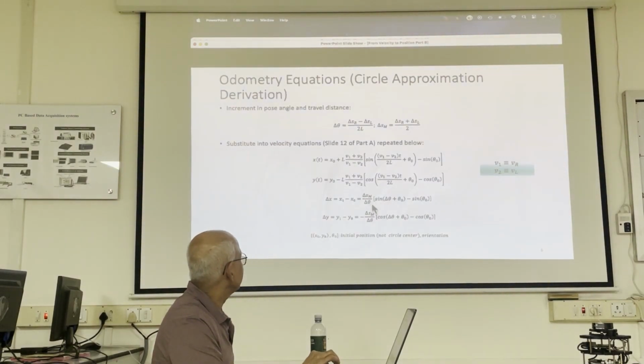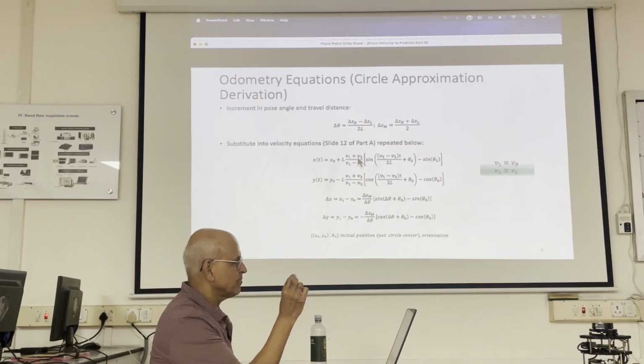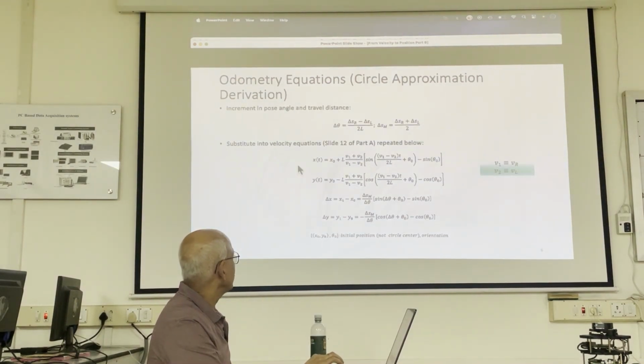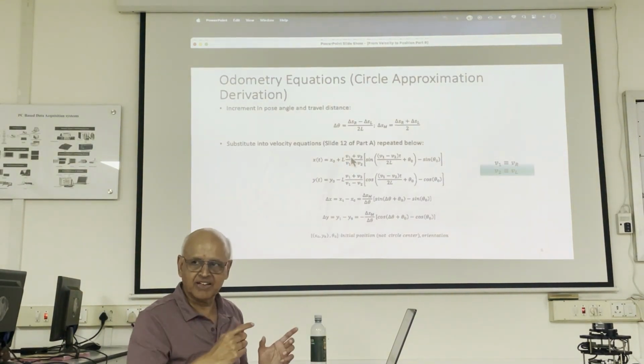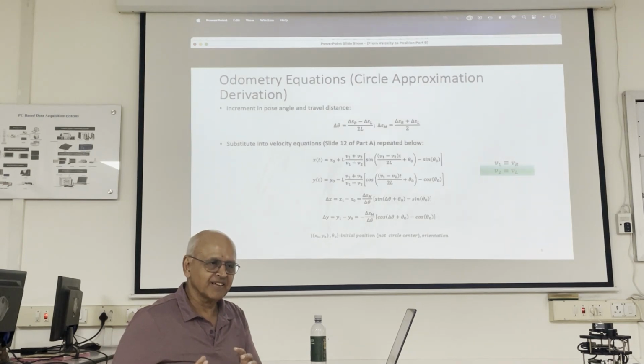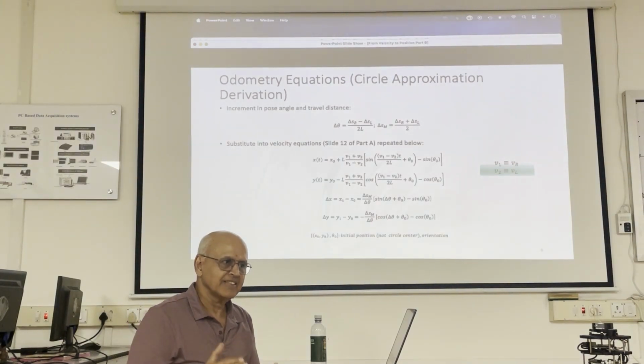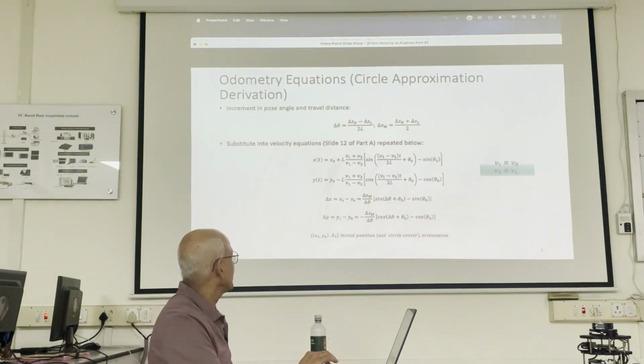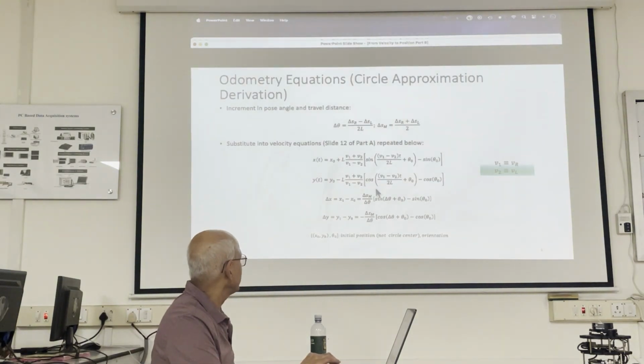That's basically delta Sm by delta theta. Because allow a certain time delta t to go. So V1 delta t is how much the right wheel has advanced. That's basically S for the right wheel. So if I do that, see what I get?